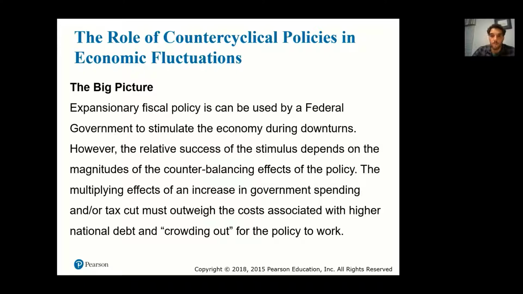For government expenditure, if that increase in expenditure is not offset by an increase in taxes, then there's going to be this crowding out problem. There's a previous video that highlights the crowding out effect.